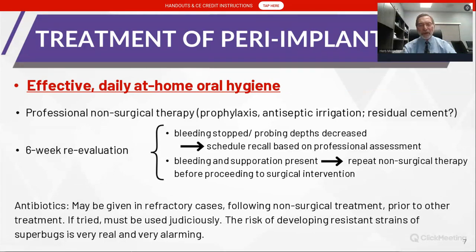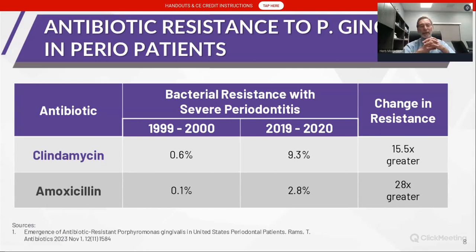And the reason for that is there is such an uptick in the amount of patients who are becoming resistant to antibiotic treatment, and it's becoming really alarming. In fact, in a study done at Temple University Dental School by Professor Rams, they found that in a 20-year period from the year 2000 to the year 2020, for clindamycin and for patients that have severe periodontitis, there are 15.5 times as many patients who are resistant to clindamycin as there were 20 years ago.